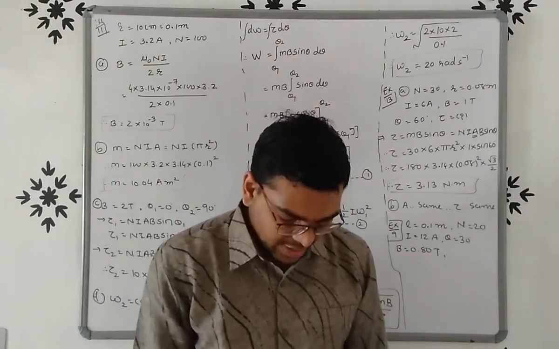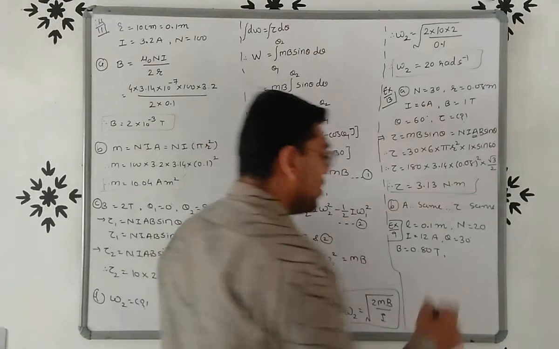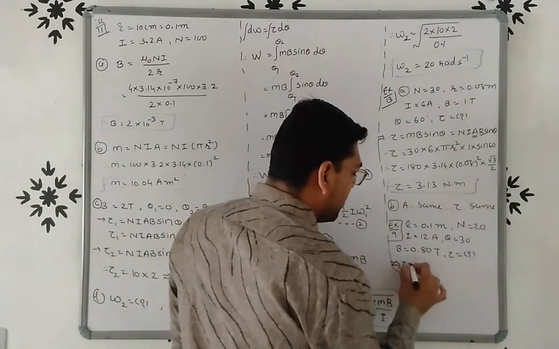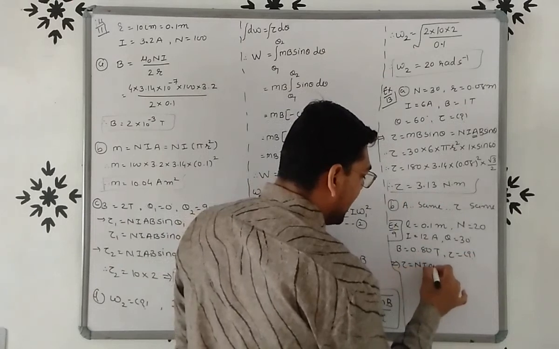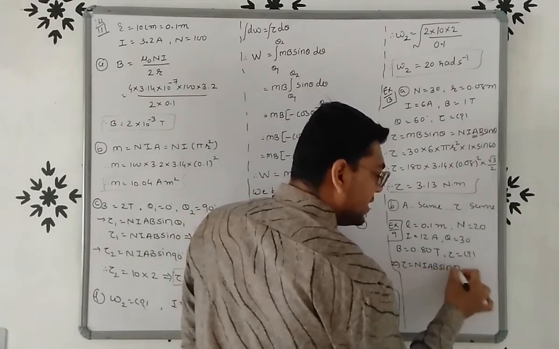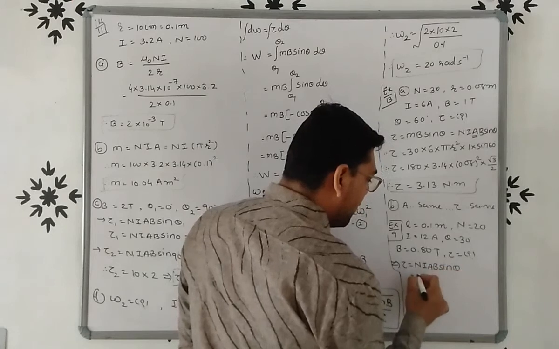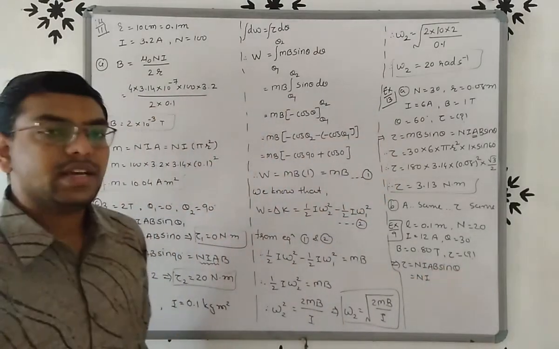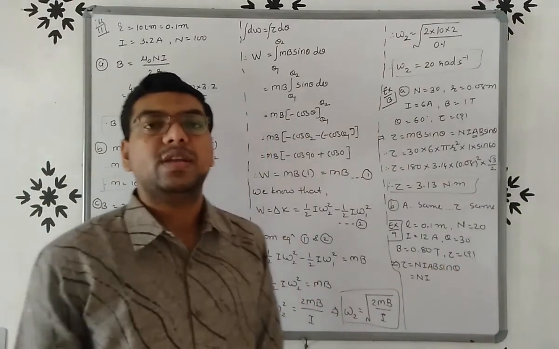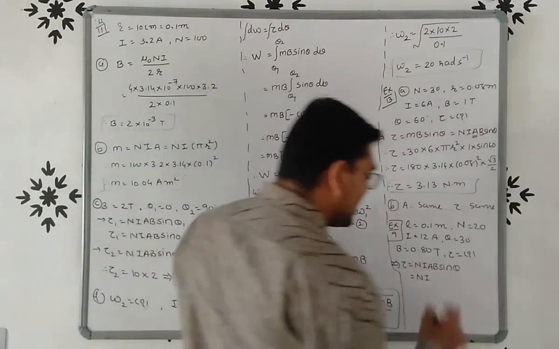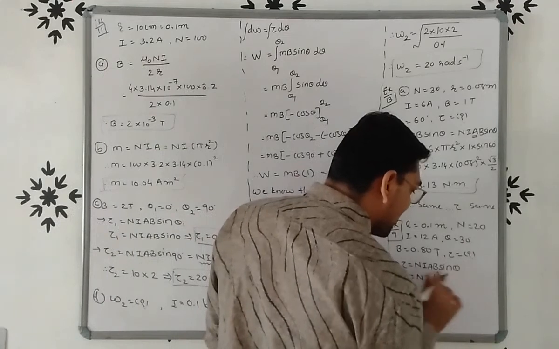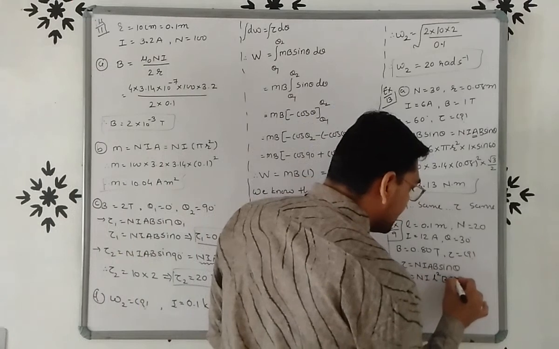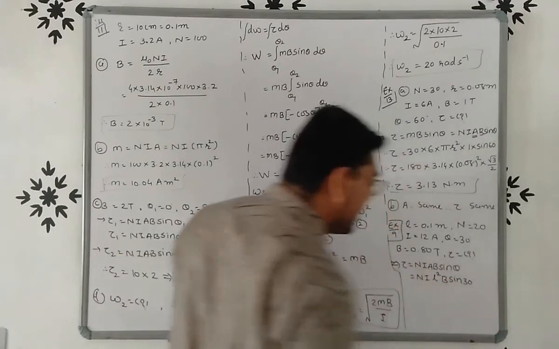So what is the magnitude of torque experienced by the coil? So we have to find out torque tau. So we already know the formula of torque. Torque tau is equal to NIAB sin theta. So N as it is, I as it is. Here area. So here square coil is given. So we know the area of a square, that is length into length. So L square. So instead of A, L square B. Sine value of theta 30 degree.